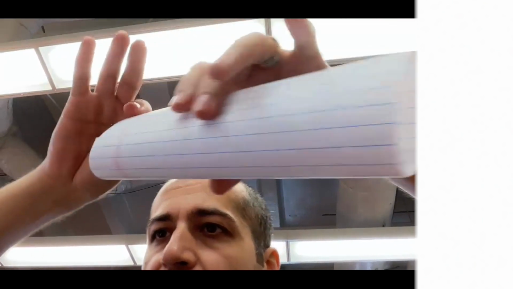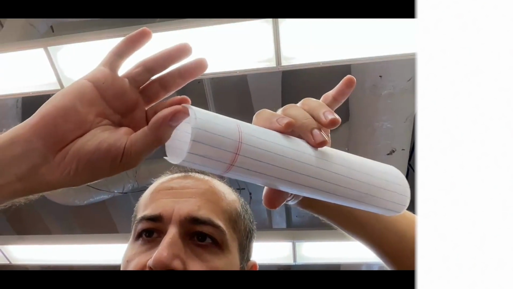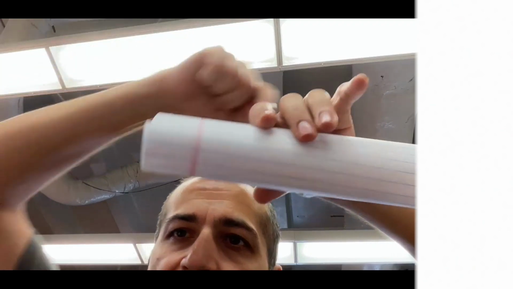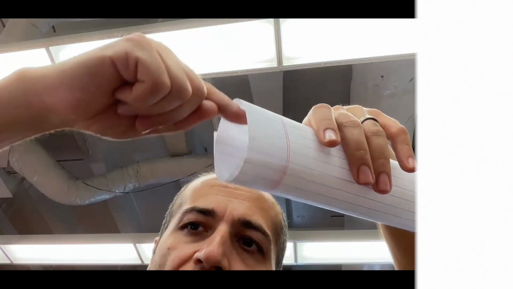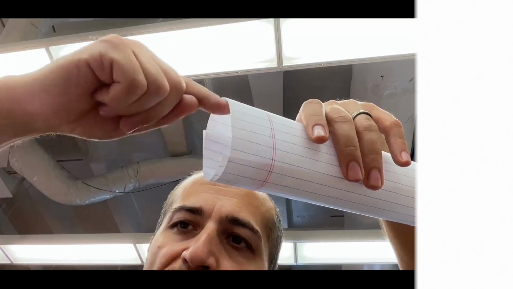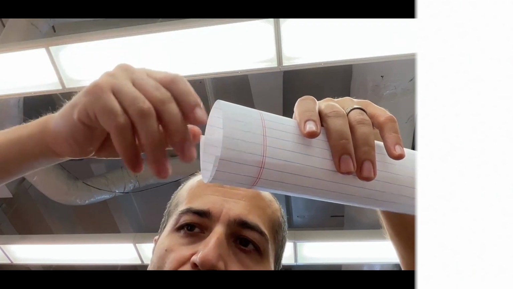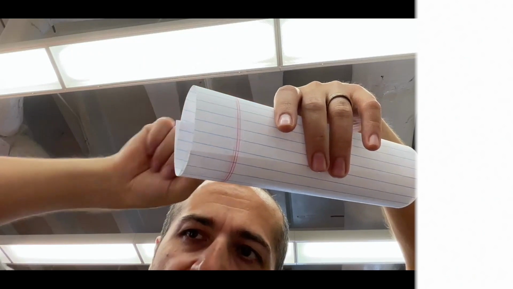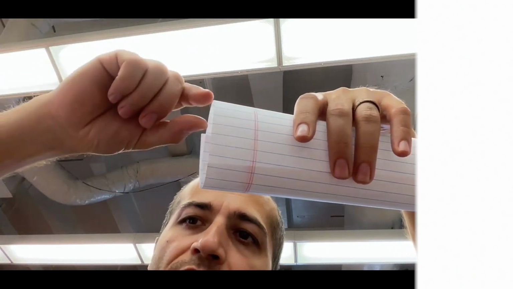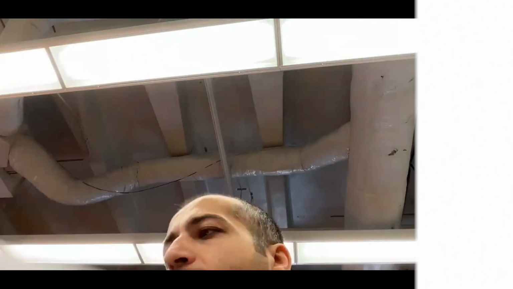It has a very tiny thickness of delta r, and its length is still L. Its radius is any arbitrary r smaller than the capital R. Okay, so this is the shell that I'm taking. The folded or rolled paper is my shell.